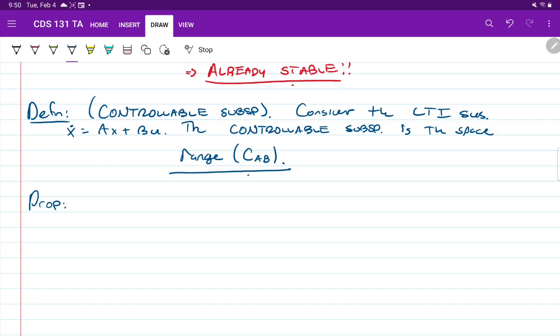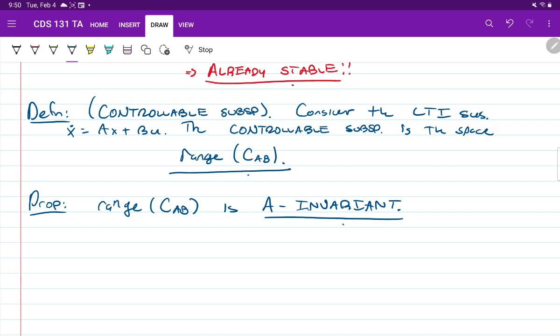So the first one is that my controllable subspace, range of C_AB, is A-invariant, okay? So what this means is if I take something in my controllable subspace and I multiply it by A, then that remains in my controllable subspace, all right?